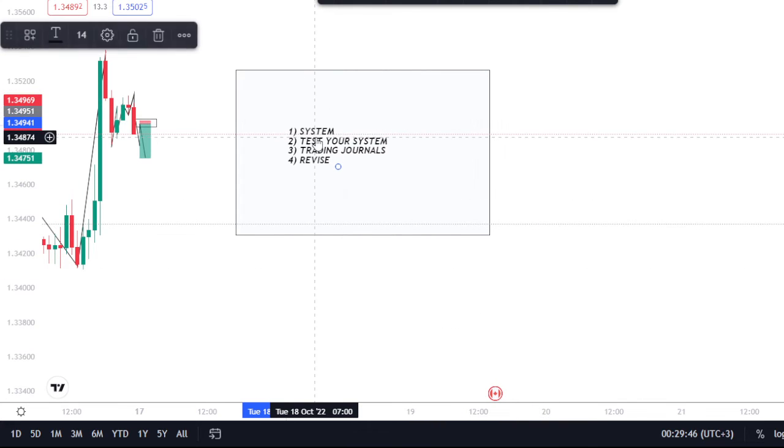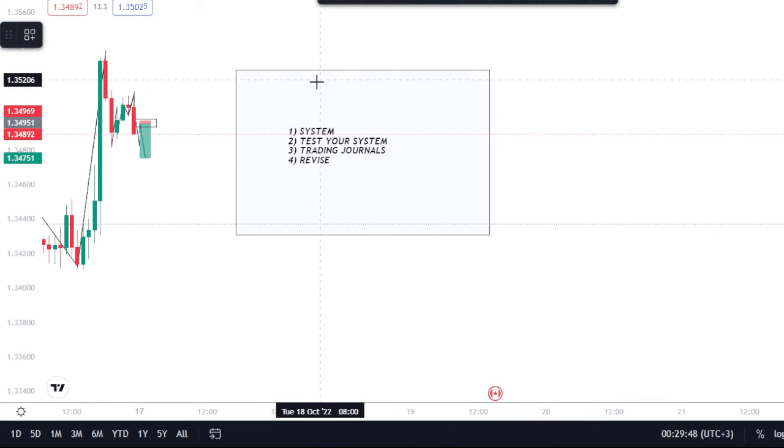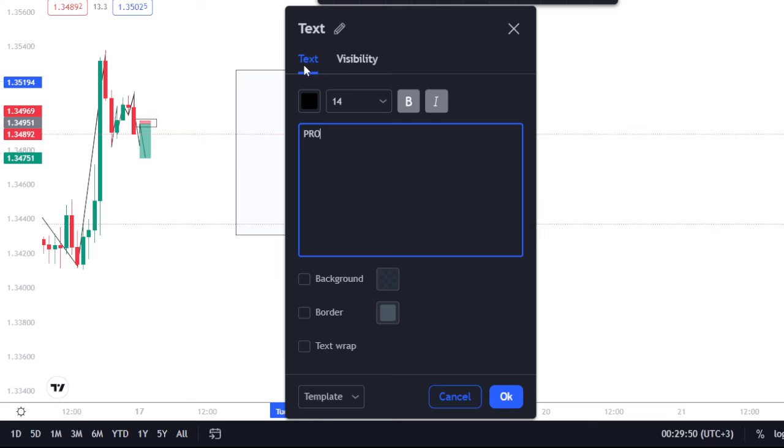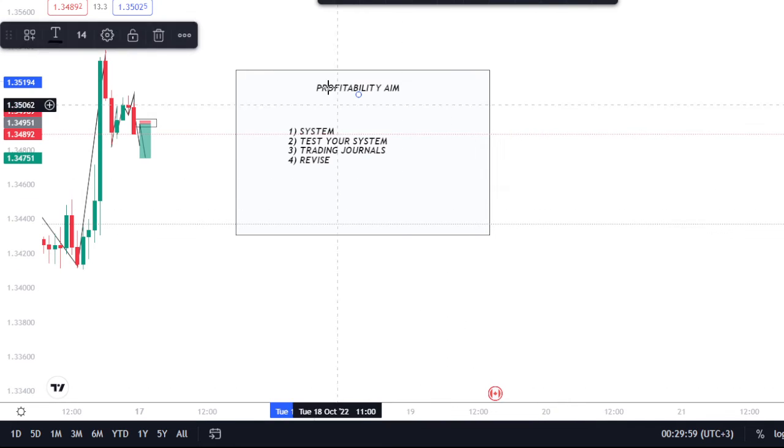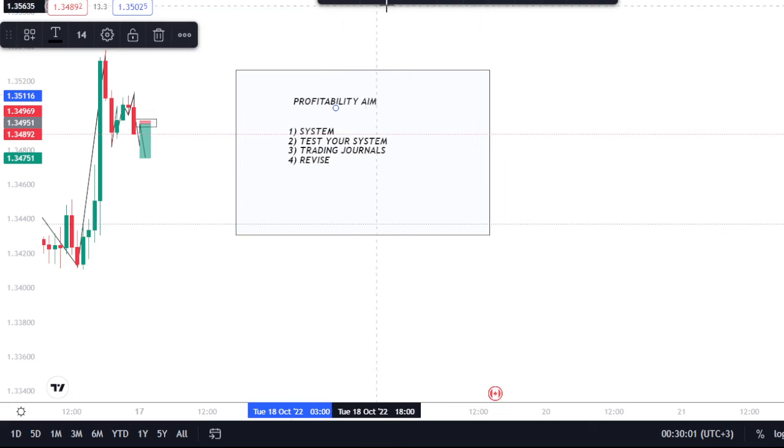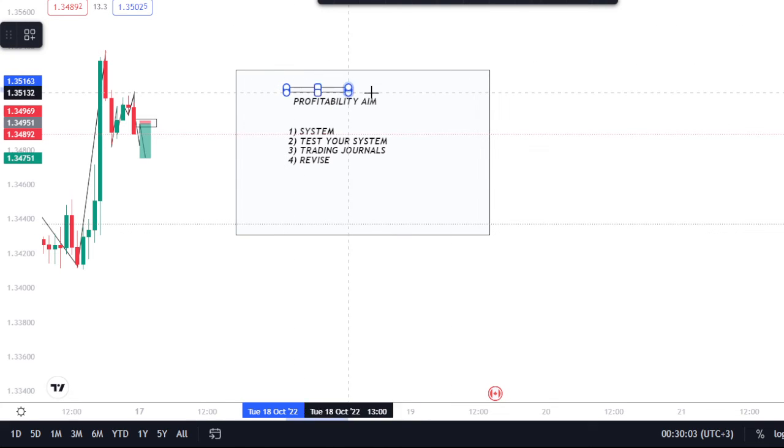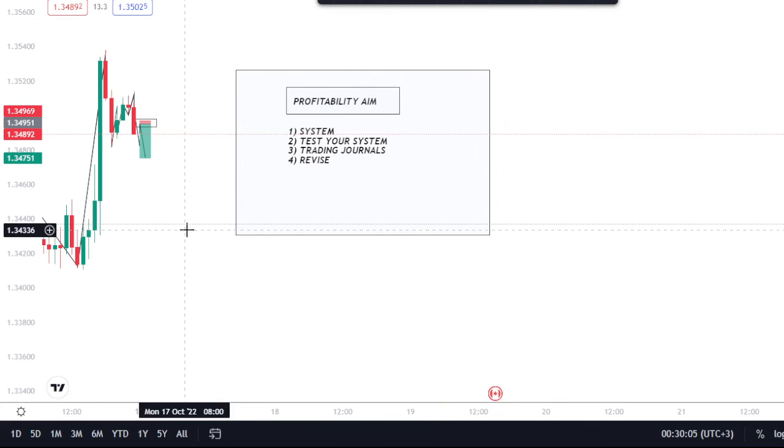This is what we call, as I wrote here, the aim of profitability. If you are aiming to be profitable, this is how you can become profitable.